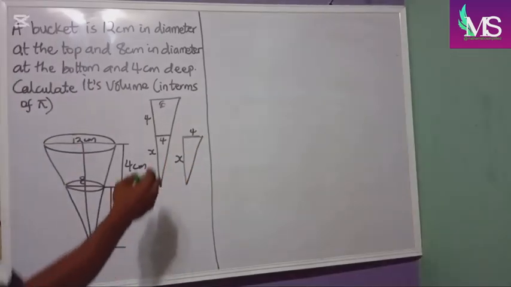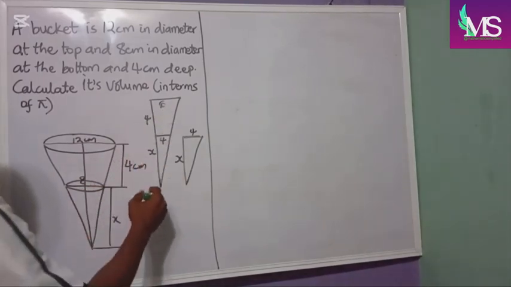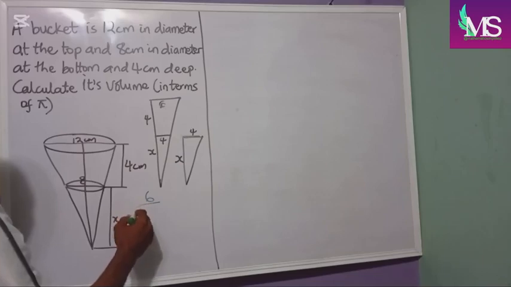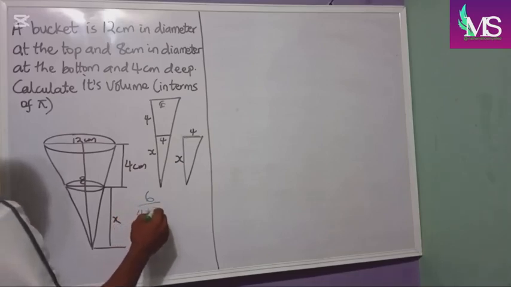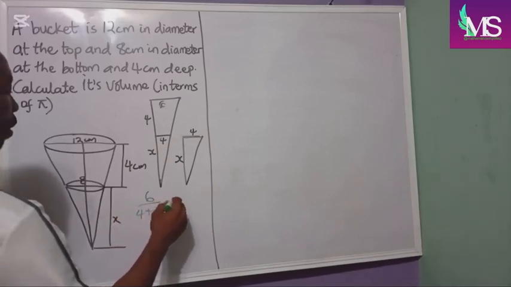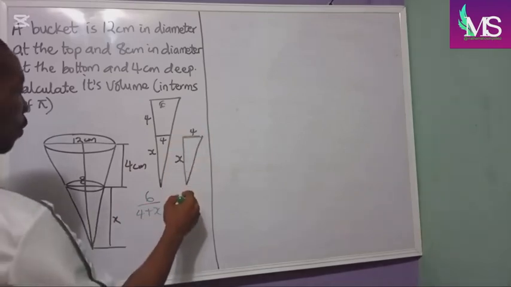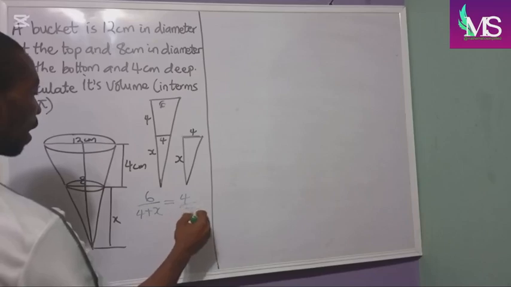So from here, we can calculate the value of x to be 6 over 4 plus x equals 4 over x.